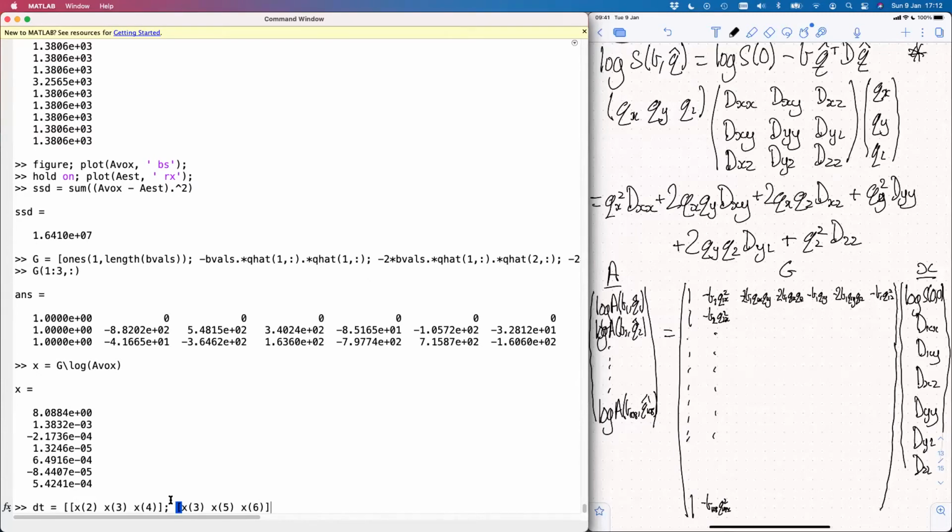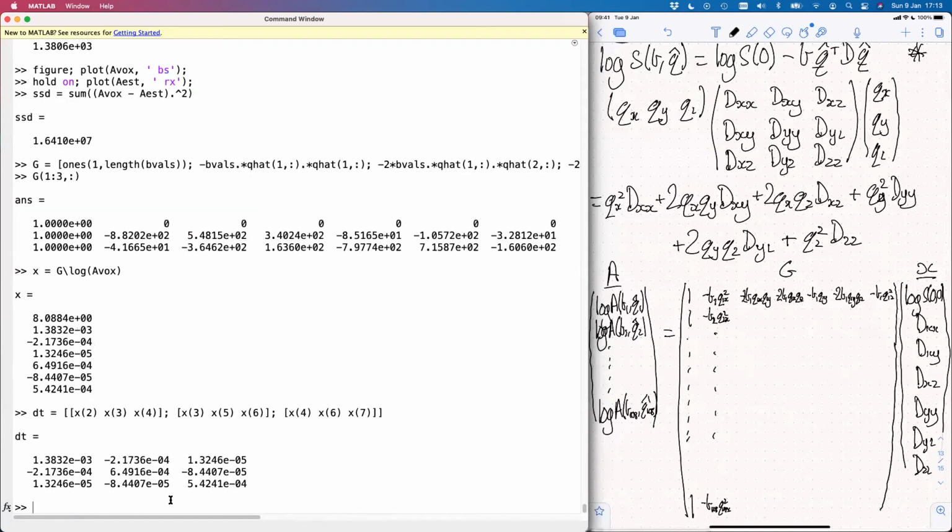And then finally, the bottom row starts with DXZ, that was number 4. Then DYZ, that was number 6, and finally DZZ is number 7. So there's our diffusion tensor. That's what it looks like for that particular voxel.